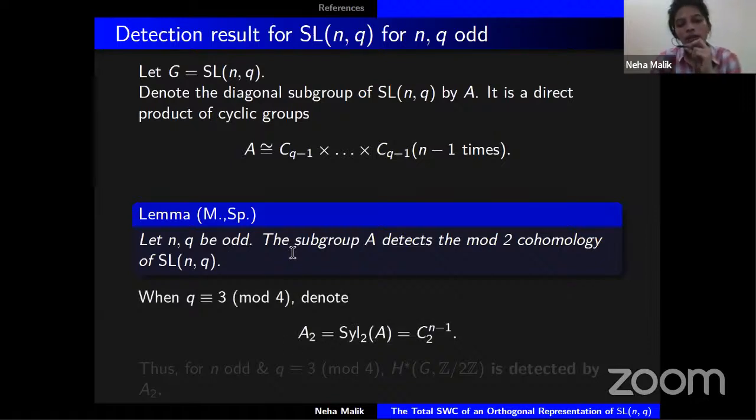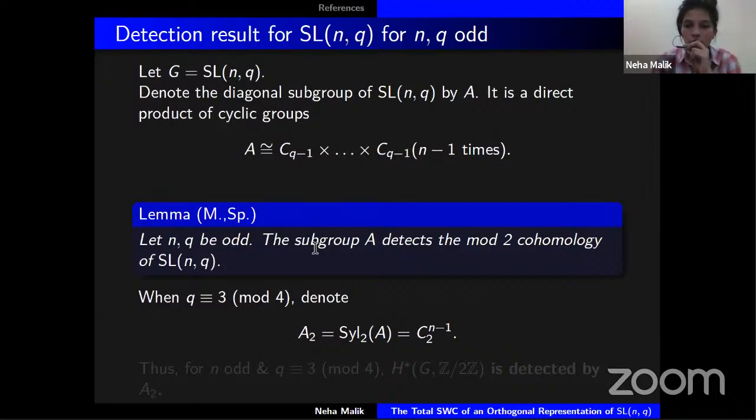Moreover, if Q is 3 mod 4, then we can take the 2-Sylow of A, of this diagonal subgroup A, which turns out to be C_2^{n-1}, because the 2-Sylow of Q-1 is just C_2, and so we get A_2 to be C_2^{n-1}.